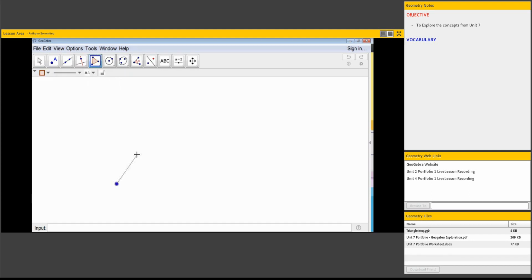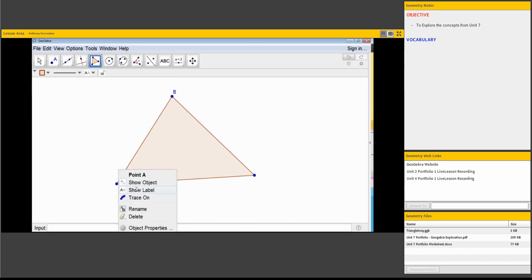So I'm just going to say, okay, I'm going to put A here, B here, C here. And I want to make sure I turn these labels on for this. Show the label. Depending on what your defaults are set at, this may or may not need to be done.